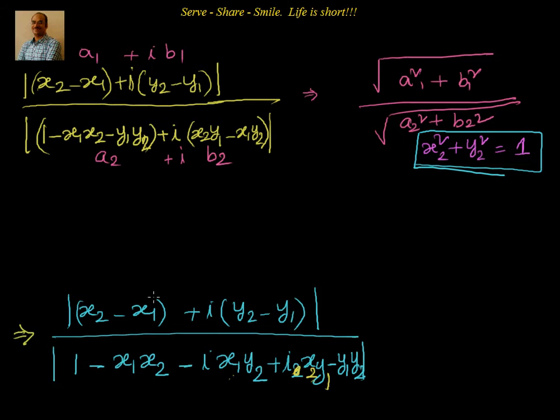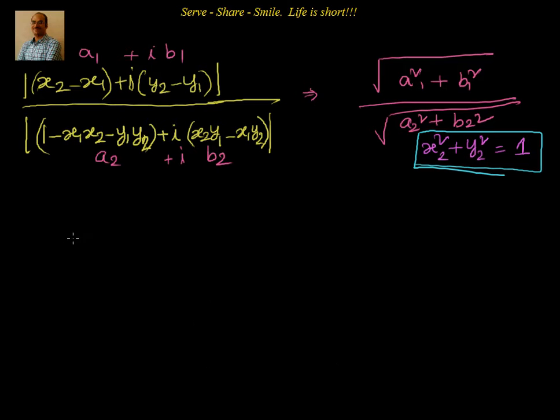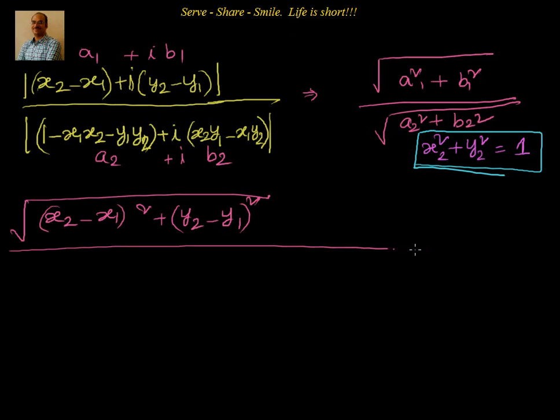That's what we want to find out. So let's go to the next step. So we know that's nothing but equal to x2 minus x1 whole square plus y2 minus y1 whole square, and I have square root for that, and I divide that with again square root.